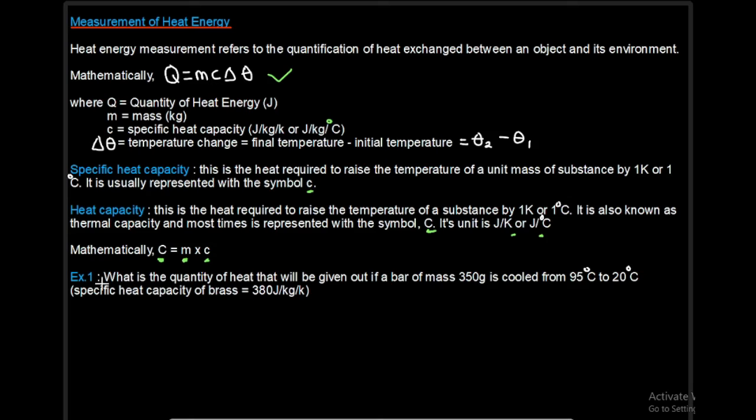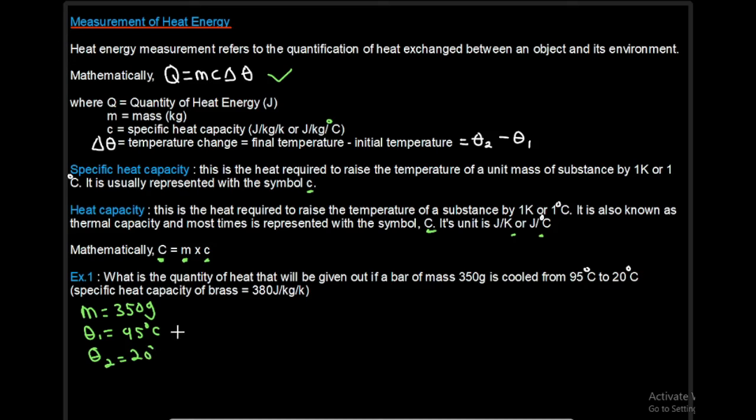Exercise 1: what is the quantity of heat that will be given out if a bar of mass 350 grams is cooled from 95 degrees Celsius to 20 degrees Celsius? So we have the mass of the bar given to us to be 350 grams. Here we have the initial temperature theta 1 to be 95 degrees Celsius, and the final temperature theta 2 equals 20 degrees Celsius.